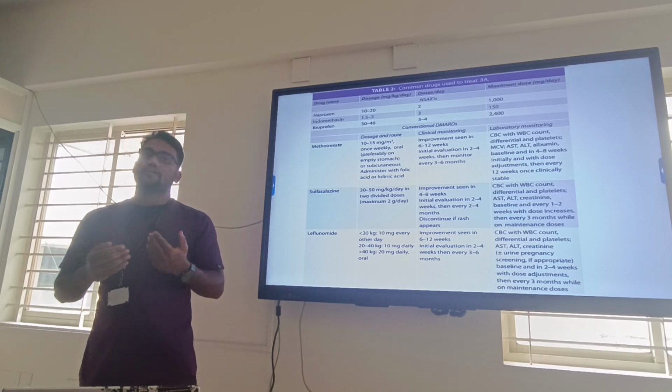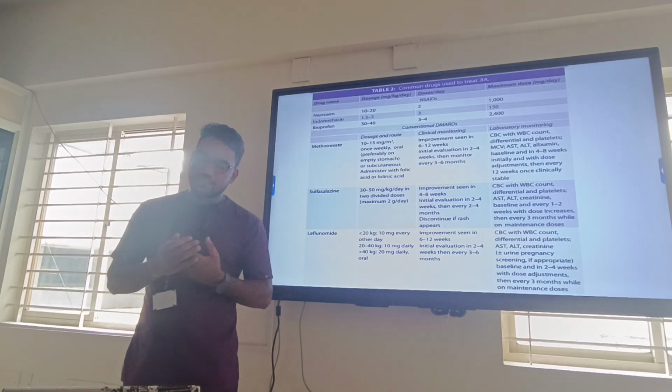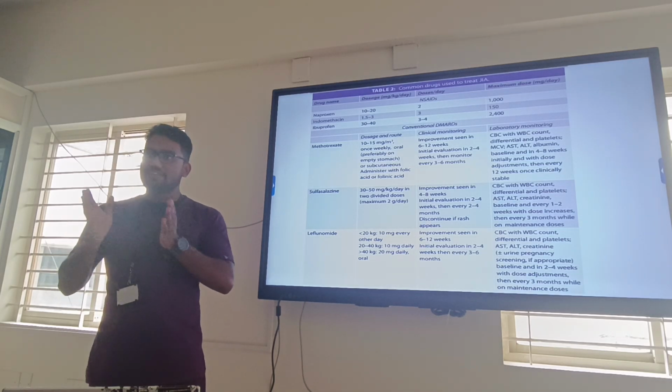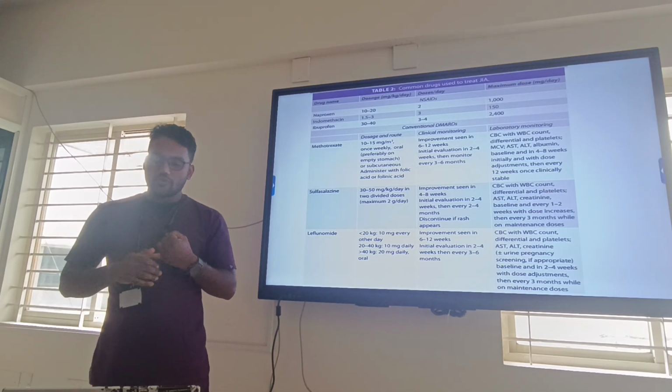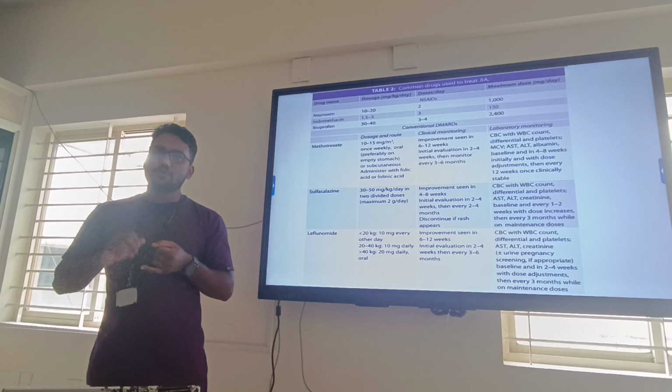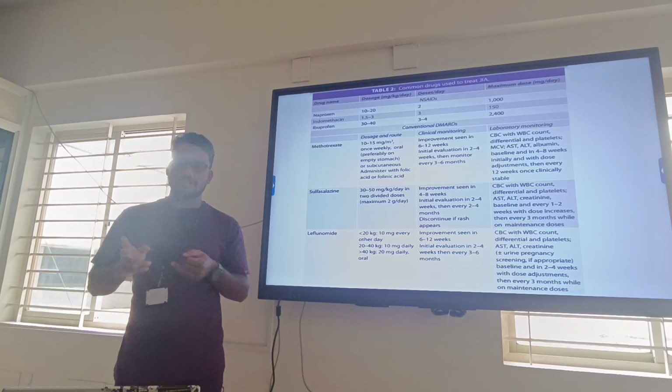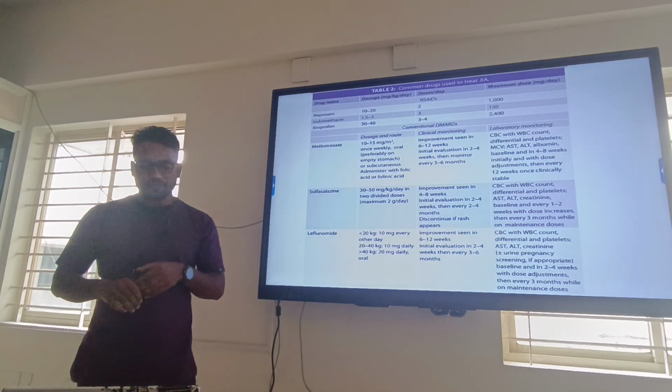Since methotrexate is given once weekly, we can give folic acid 1 mg every day or 5 mg once weekly. So these two choices are there with the doctors, depending on what they prefer.